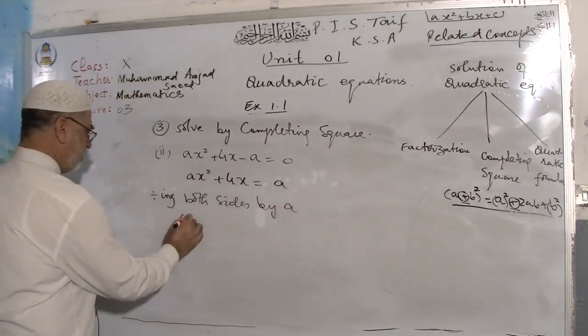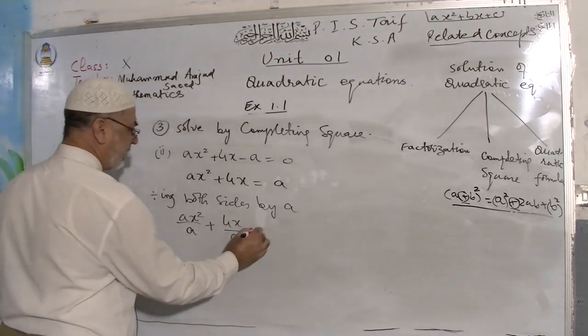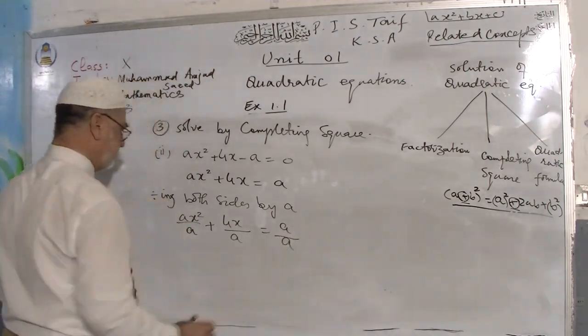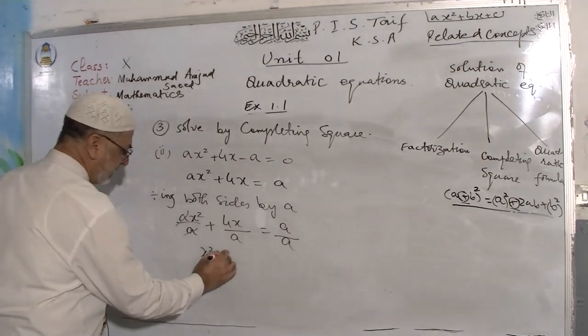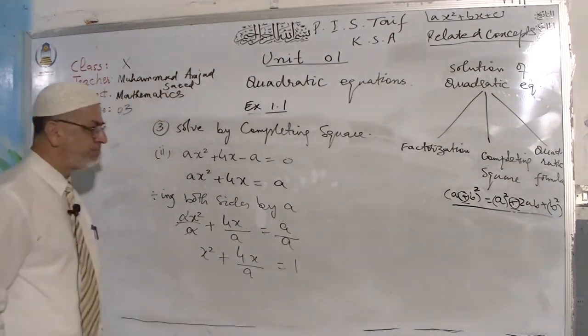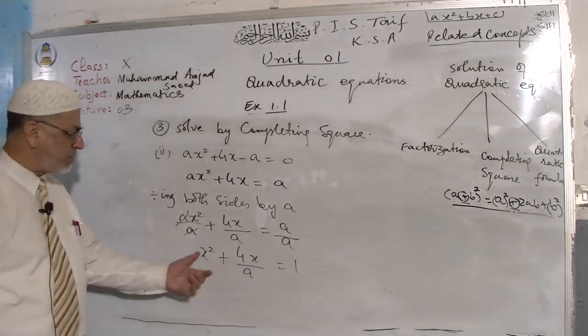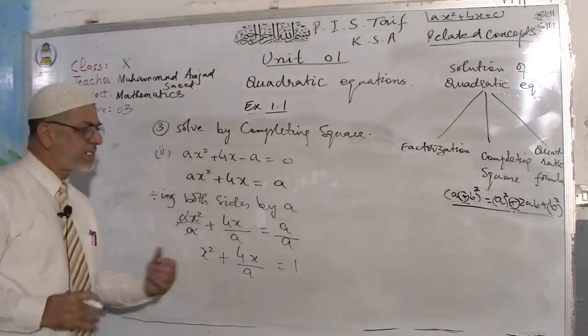Here is ax square over a, 4x over a, and a over a cancelled out. You have x square plus 4x over a is equal to 1. After that, dear students, I told you that you have to complete the square on the left hand side.